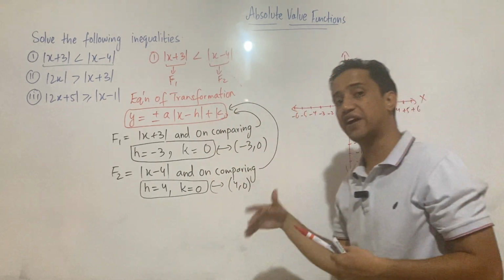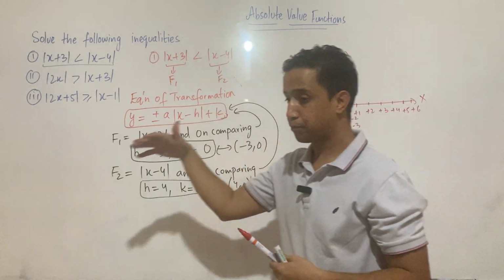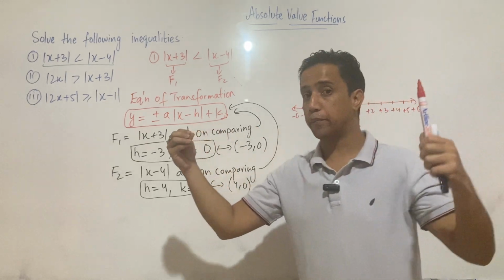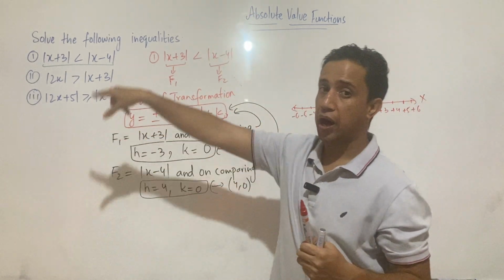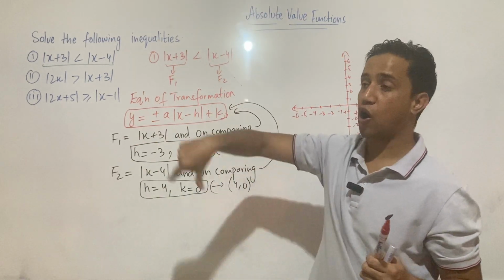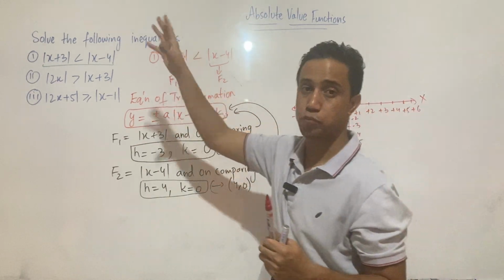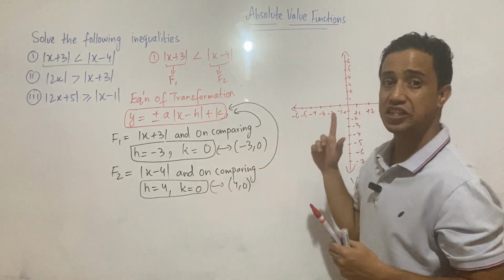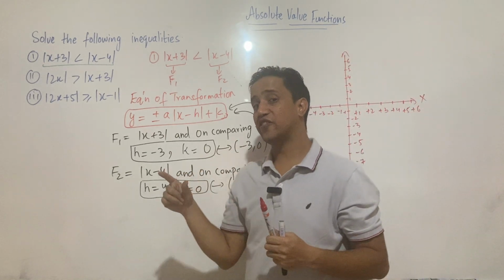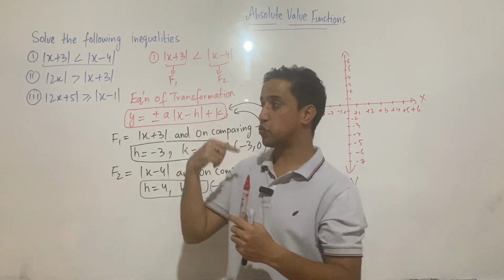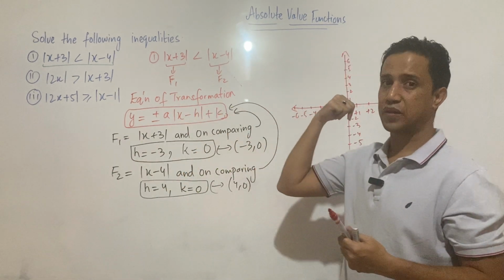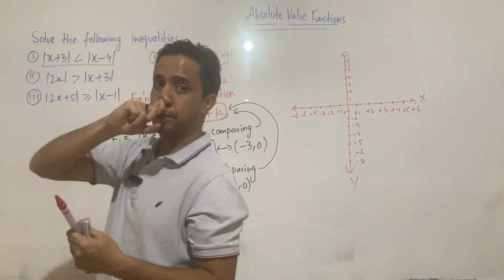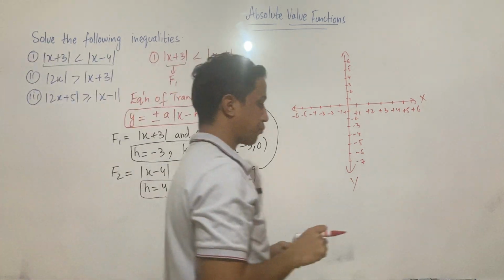Otherwise, what we would have to do is draw the number line, and then see how the function collectively is going to behave in the particular domains. If you don't understand what I'm talking about, you can just refer to the previous video. We did it on addition of two absolute value functions, right?